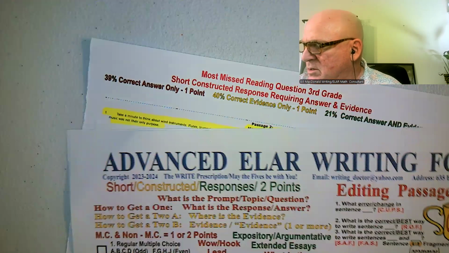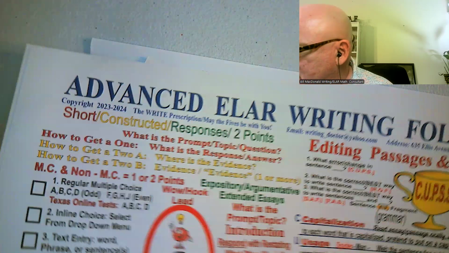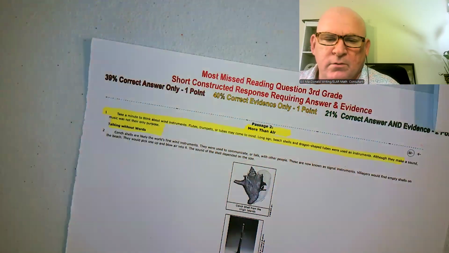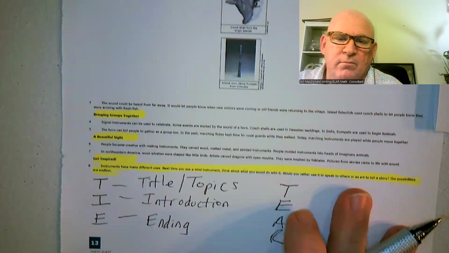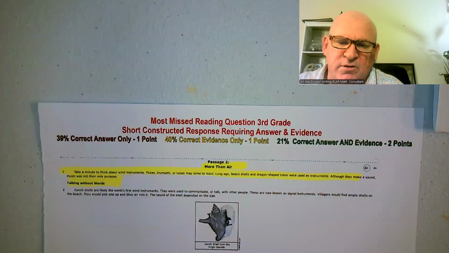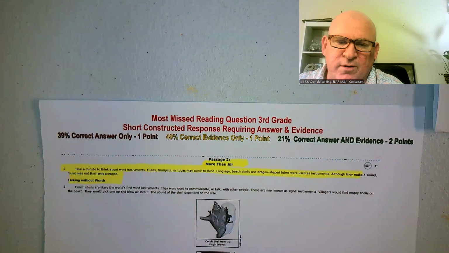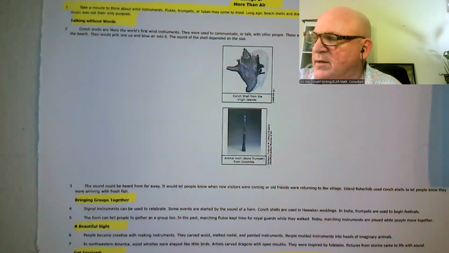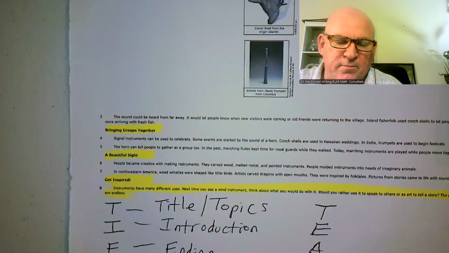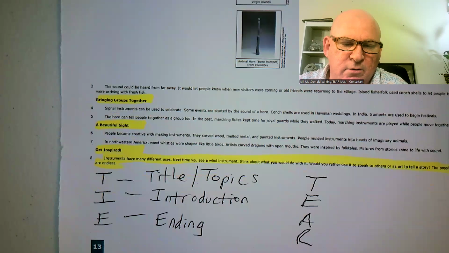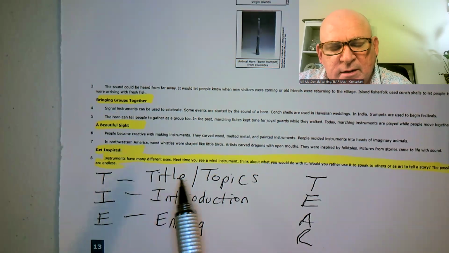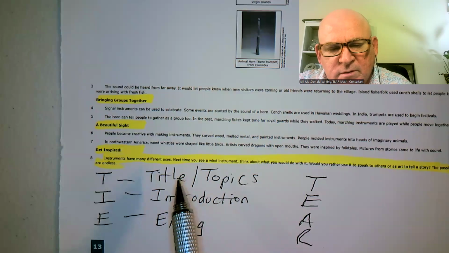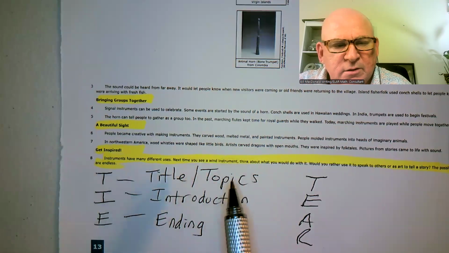Okay, so here's one way that I recommend that you answer, because you can tell based on these results that whatever was being done before doesn't seem to be working. Those are very low percentages. Okay, so if everything truly in a passage, or in this case an article, does tie together, teach your kids to look at the title on the top, to look at the topics.